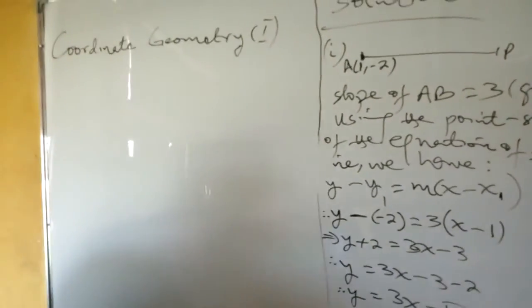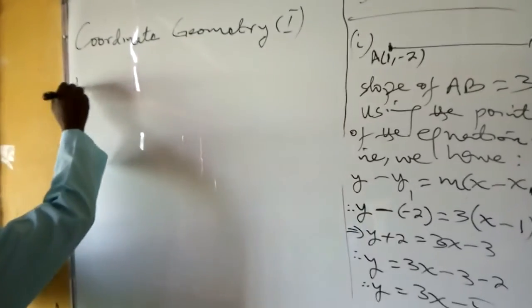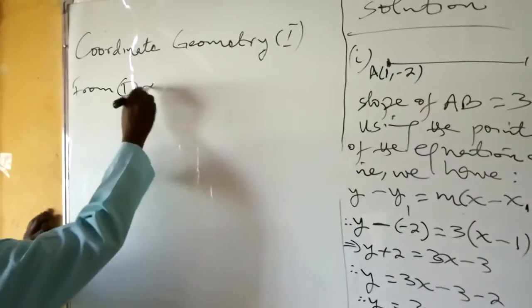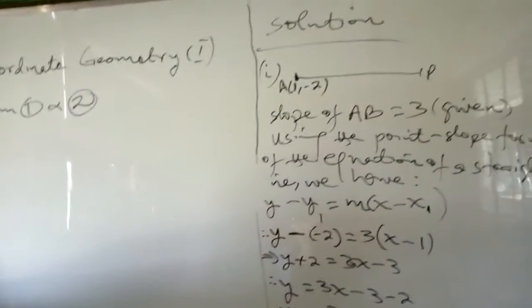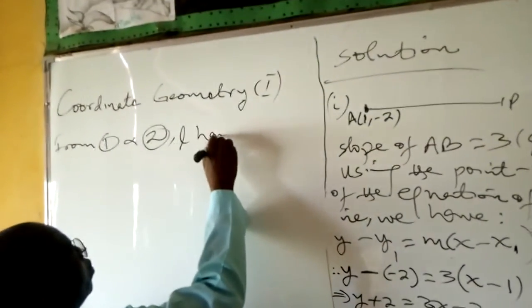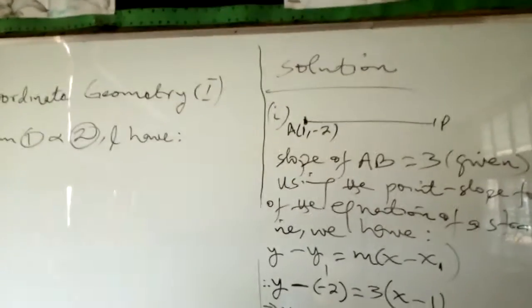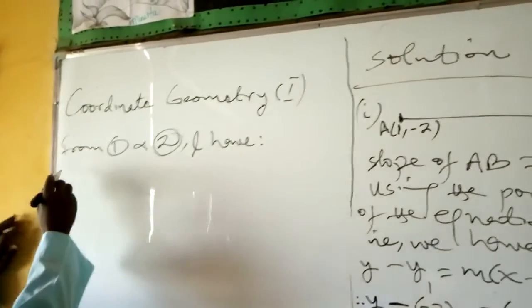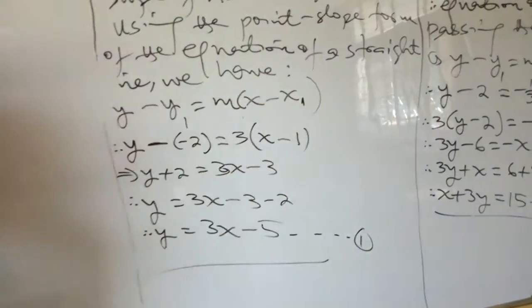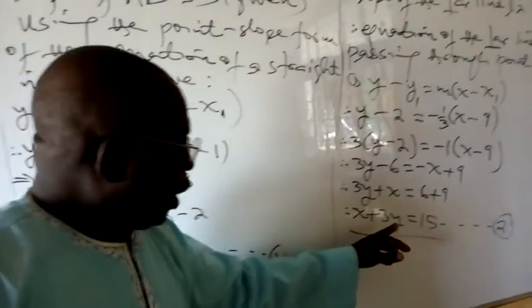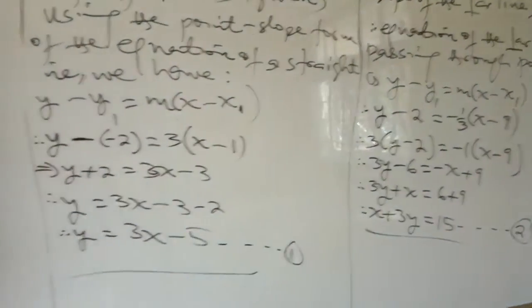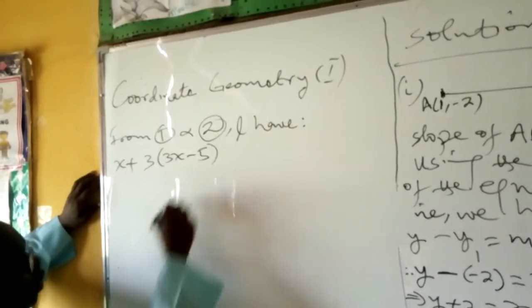So, now, from equation 1 and 2, I'm going to solve equations 1 and 2 simultaneously. So I am going to have x plus 3, wherever I see y, I write 3x minus 5. 3 into (3x minus 5) is equal to 15.